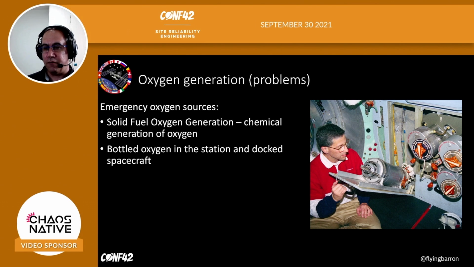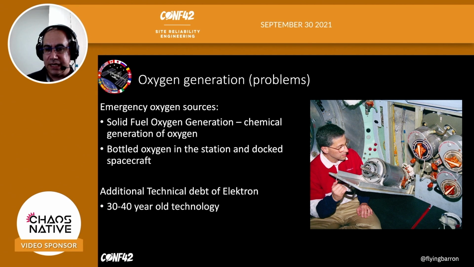Despite a number of issues with the oxygen generation systems, primarily with the Elektron because it's based on the oldest technology, there's never been a severe problem with the health and the breathing of the astronauts in the system throughout the over 20 years that it's been working.